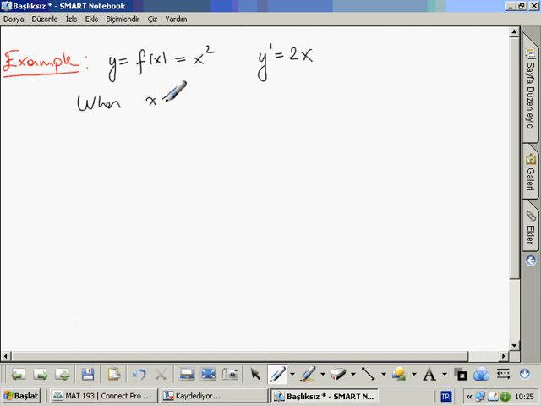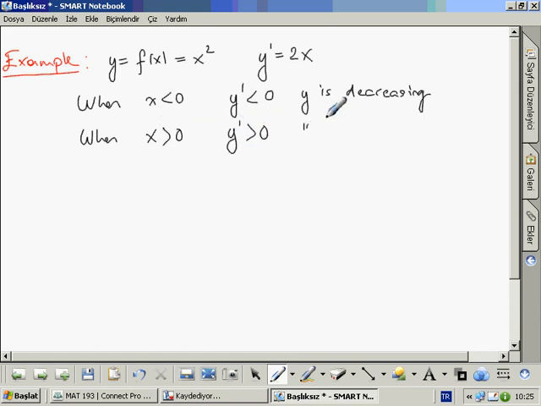When x is less than 0, y prime is less than 0, so y is decreasing, and again when x is larger than 0, y prime is larger than 0, so y is increasing. We know that.